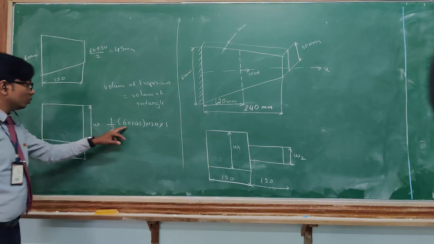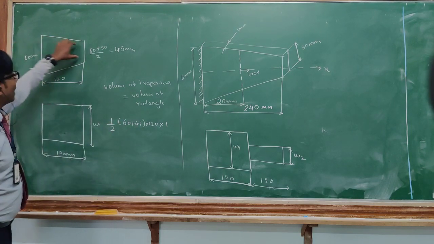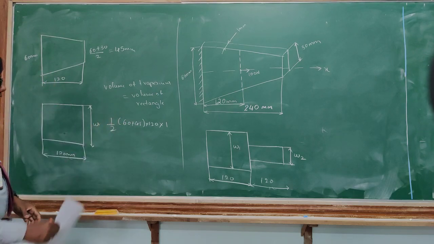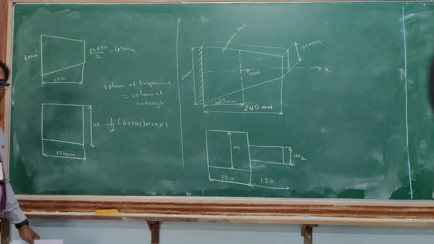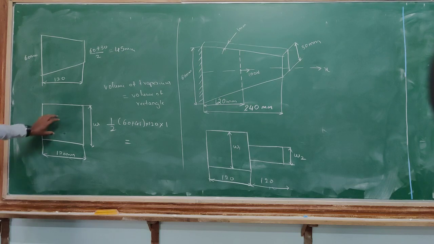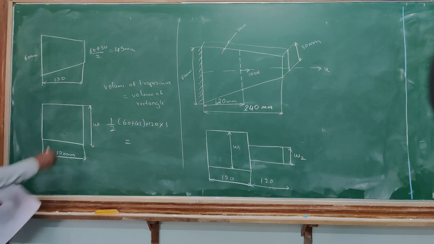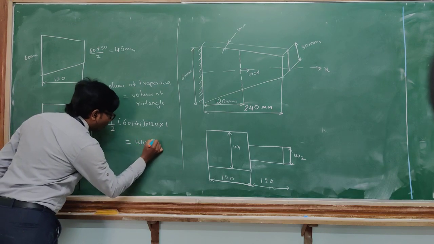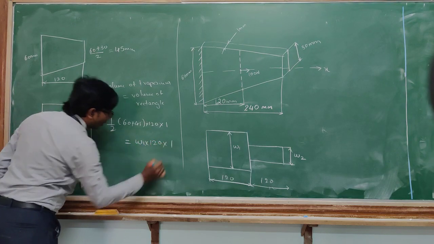So half into (60 plus 45) into 120 into 1 should be equal to the volume of the rectangle, which is length into width into thickness, so W1 into 120 into 1.